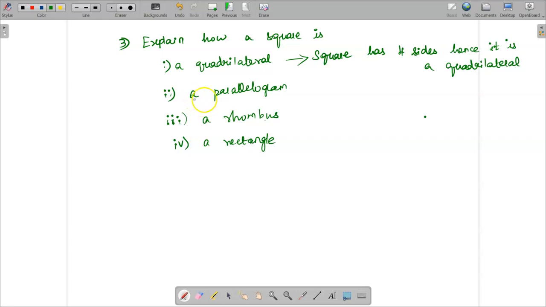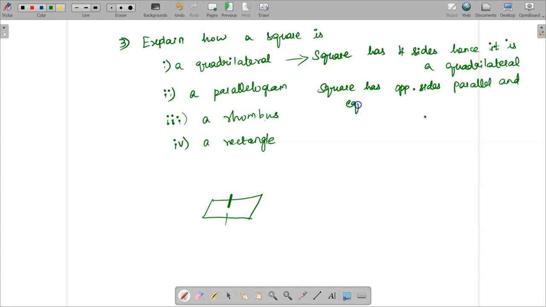And then what about the parallelogram property? A parallelogram is one which has opposite sides parallel and equal in length.